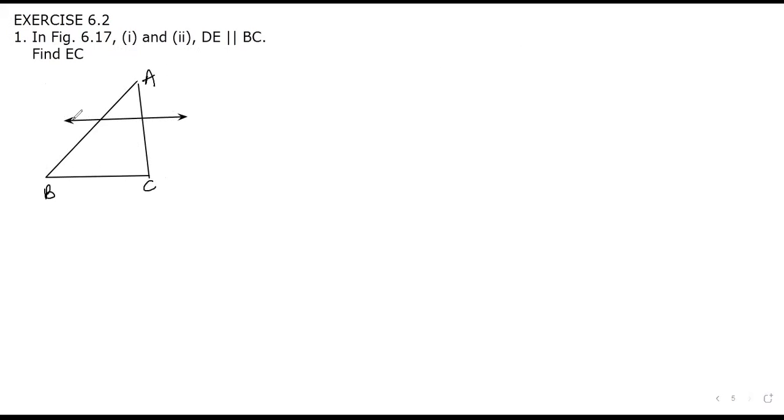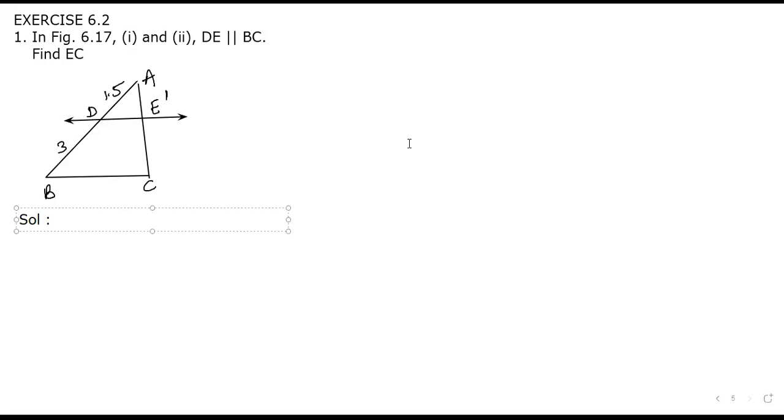In triangle ABC, if DE is parallel, what are we going to use? BPT. 1.5 and 1 they have given, and DB is 3. Can you find out EC? Yes, sir. 2. Cross multiply. Chalo, do it.